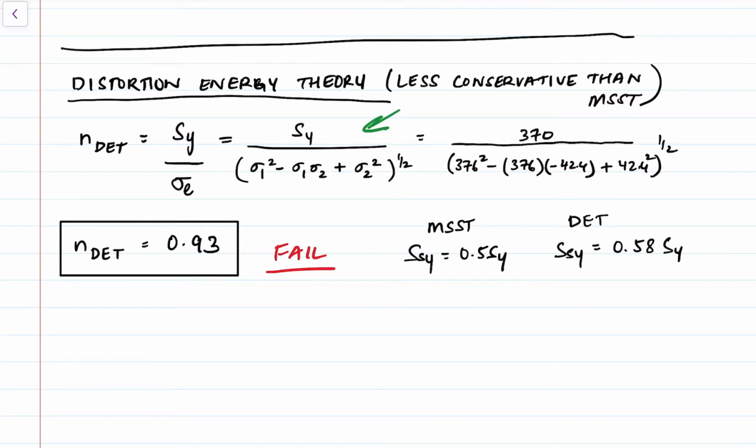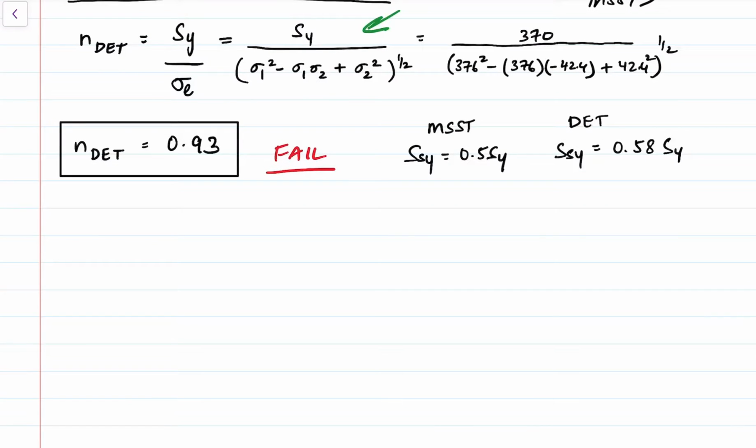And again, this is 1 over square root 3, and that comes out of this equation when you set sigma 1 equal to negative sigma 2. You can get a derivation in the textbook, but this is where 0.58 comes from.